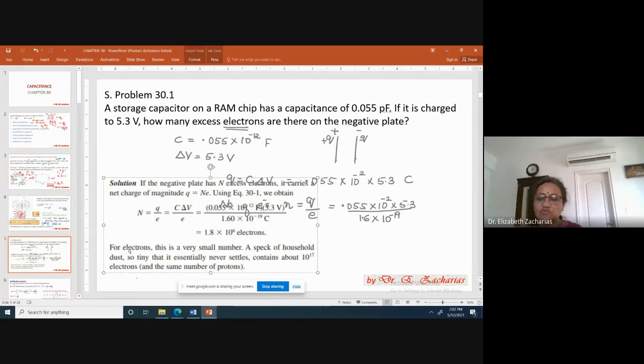Even such a speck will have around 10 to the power of 17 electrons, but the excess electrons on the plates are just 10 to the power of 6. So you can't disturb the charge neutrality of a body much. That's what this problem is essentially trying to tell you.